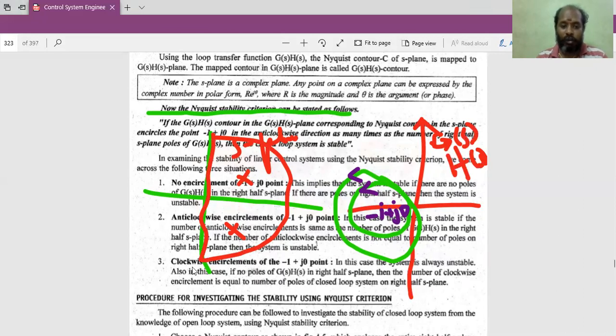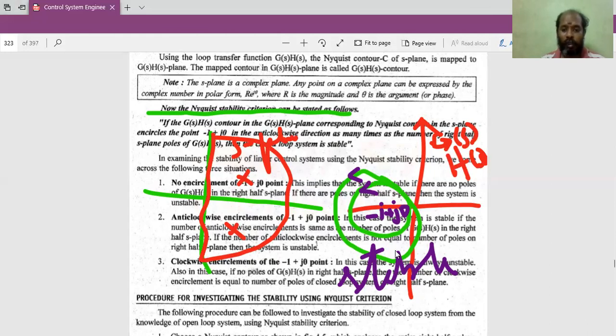Even though your system has two poles in the right half side, and in general we say if you have poles in the right half side the system is unstable, what the Nyquist stability criterion says is this: you enclose the entire right half side, and you map the points from the s plane to the G(s)H(s) plane. If the mapped points encircle the -1 + j0 point in the anti-clockwise direction twice, because there are two poles, then the system is stable.